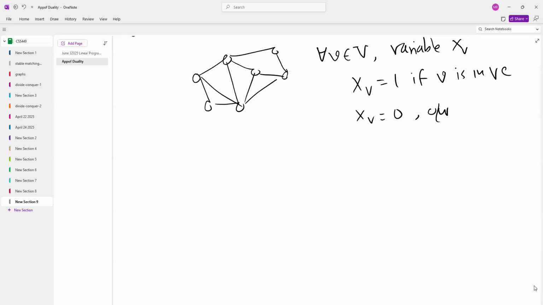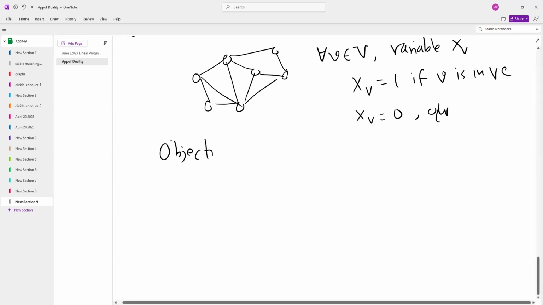So in a linear program, in this case an integer linear program, I have to define the variables, then I have to define the objective function. So what would be an objective function for vertex cover using these variables? Minimize the summation of all variables. Exactly, very good.